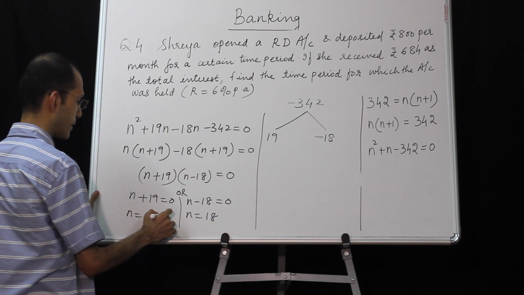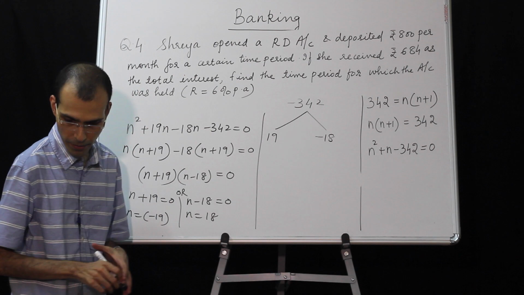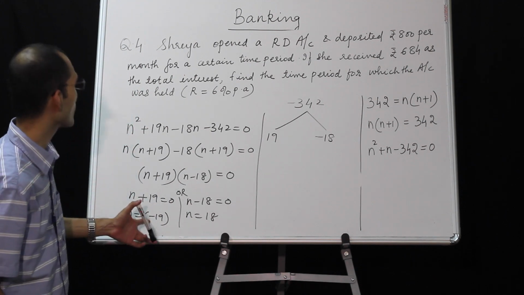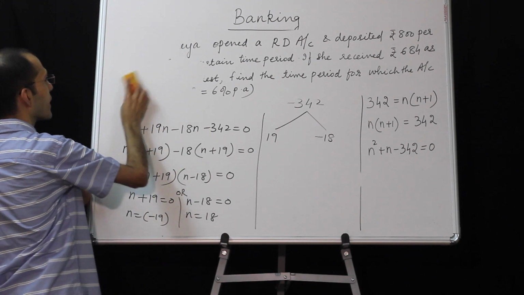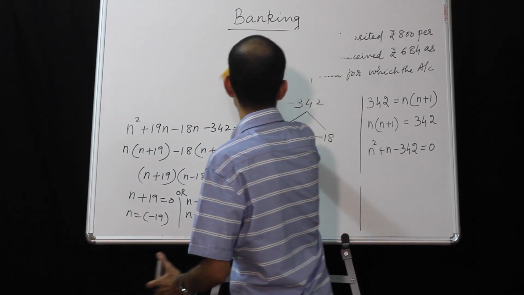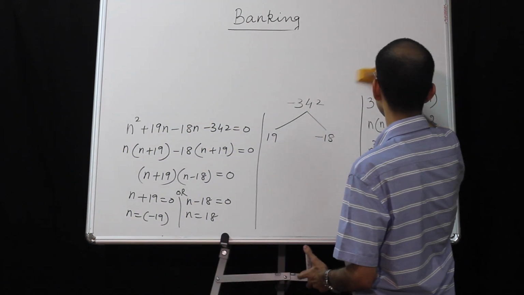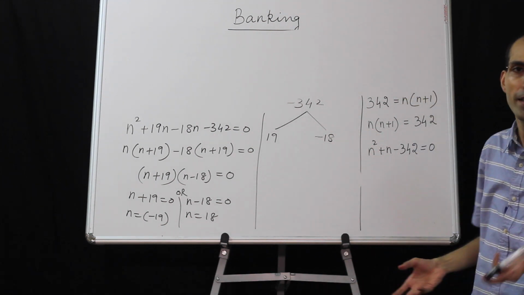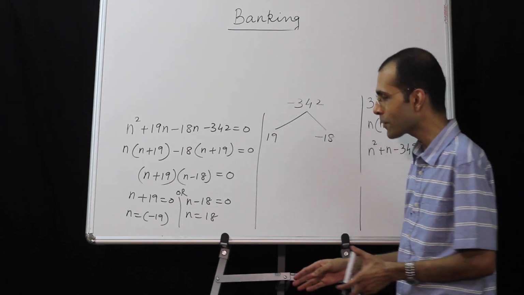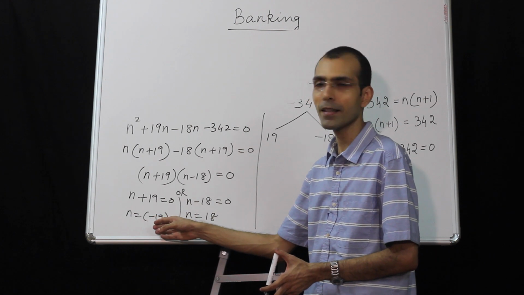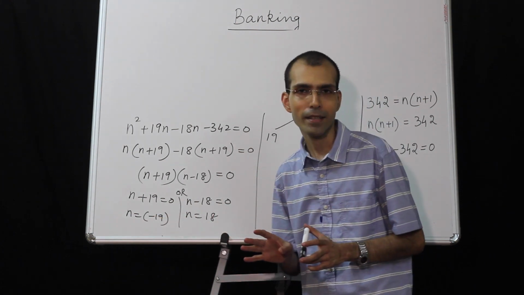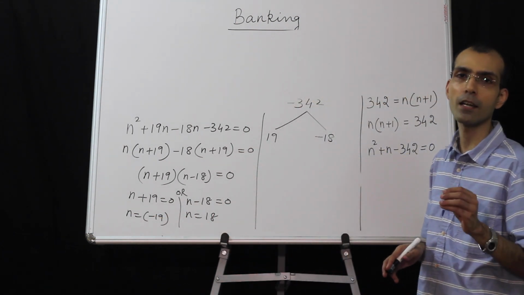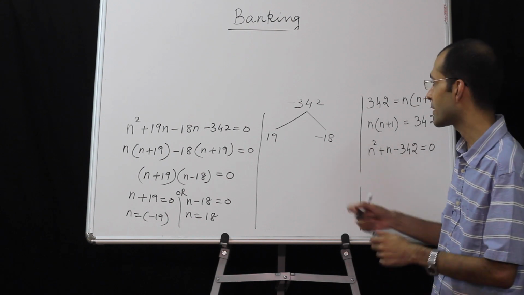Here n is minus 19. Naturally, we will have to discard n as minus 19, because n stands here in the context of the sum for number of months. How can number of months be negative? So this we will have to discard. So n is 18. That means the account was held for 18 months.